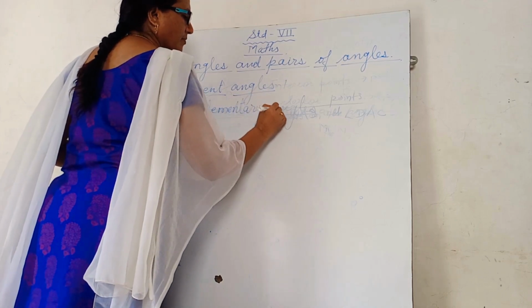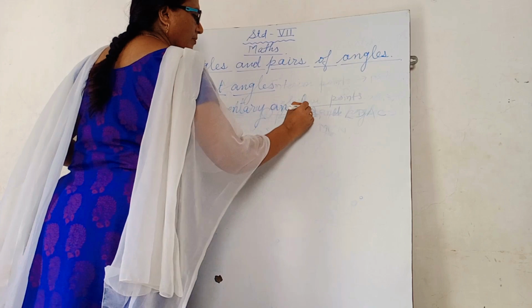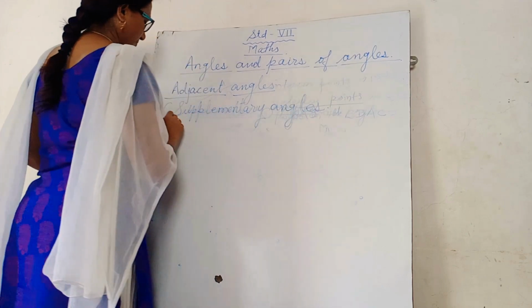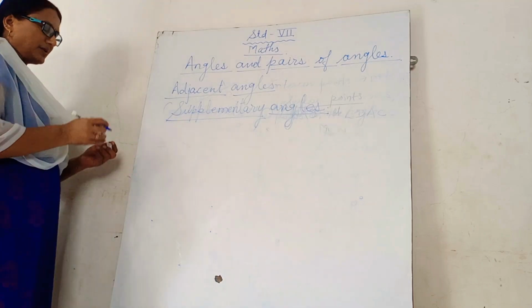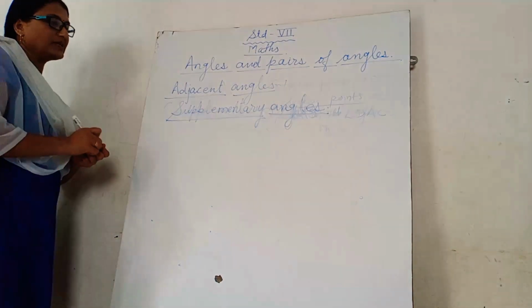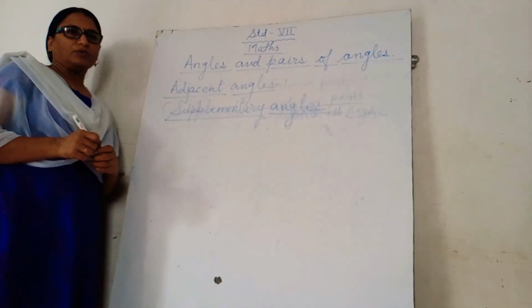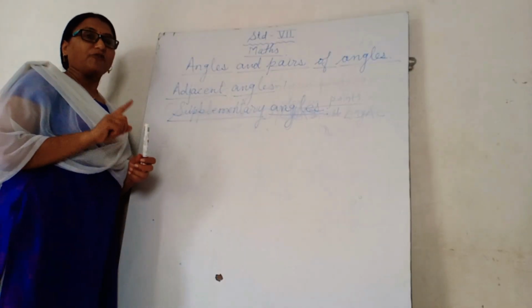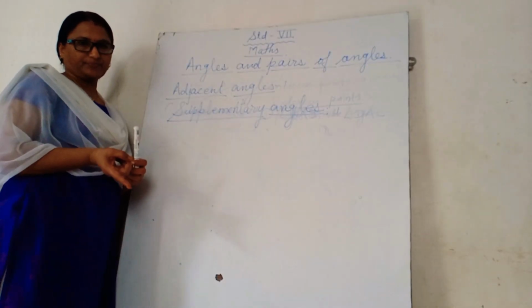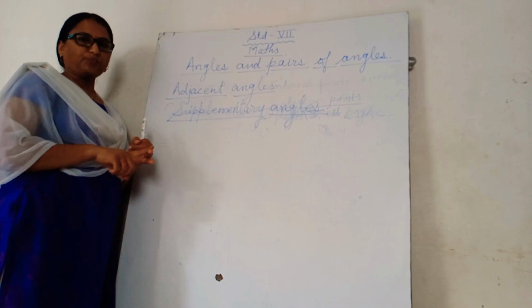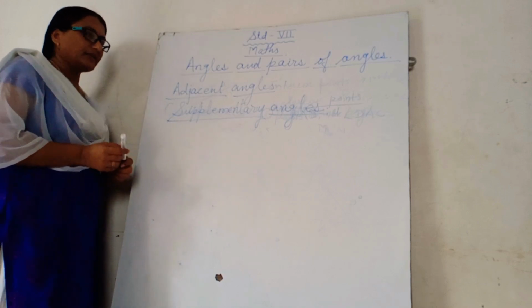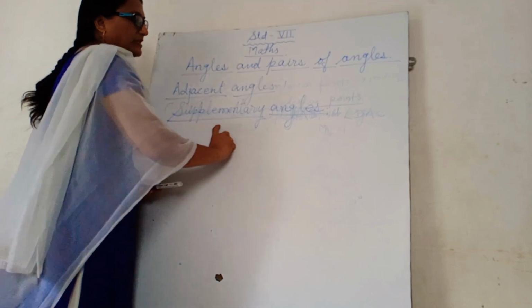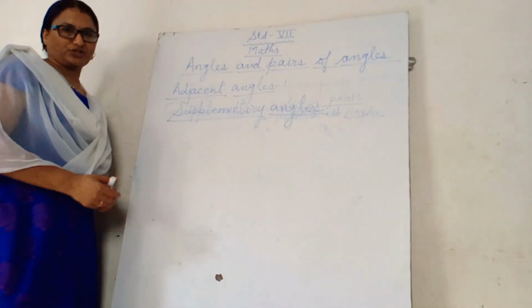What are supplementary angles? If the sum of the measures of two angles is 180 degrees, then they are said to be supplementary angles of each other.